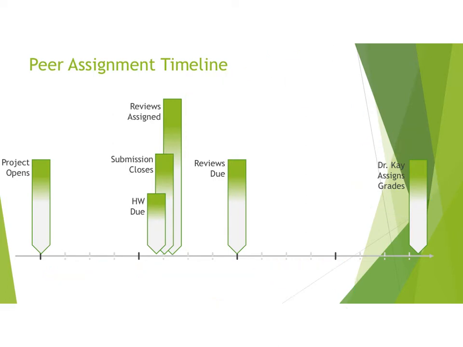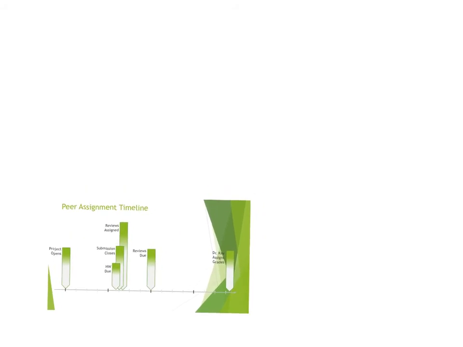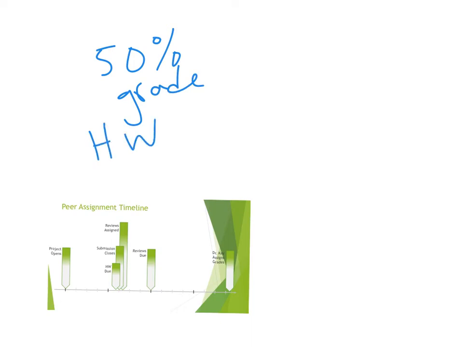For my grading scheme, roughly 50% of your grade comes from doing the homework itself, right? How you do on the homework. Of course, I round up for that 50%. So most of the time, you have a good chance of actually getting full credit for that.